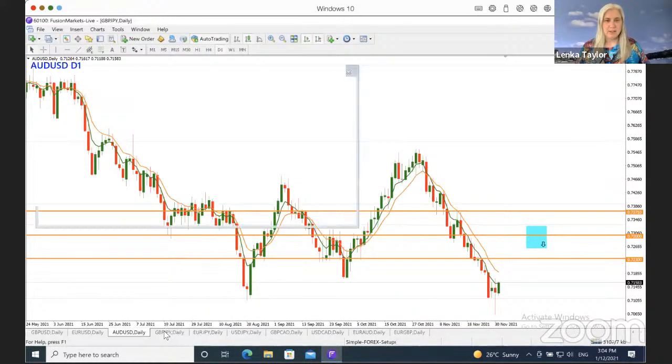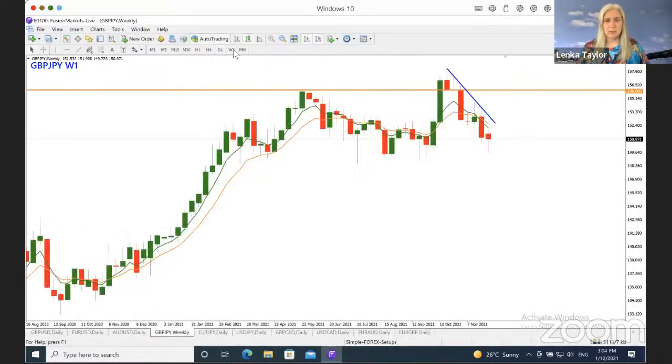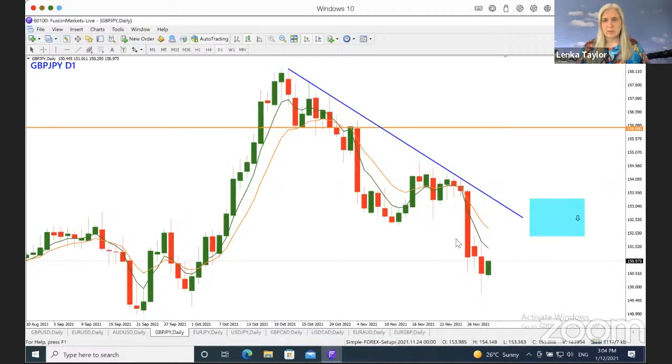Next currency pair is GBPJPY. GBPJPY, I'm looking for a short. So this is also a currency pair that I traded last week, and it resulted in the 3R profit. So at the moment, we need to look for the pullback.